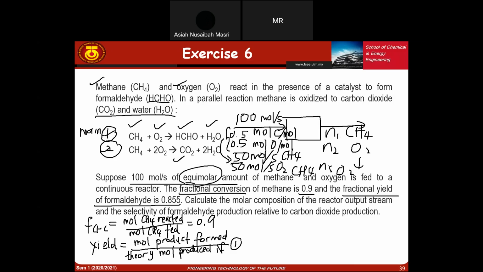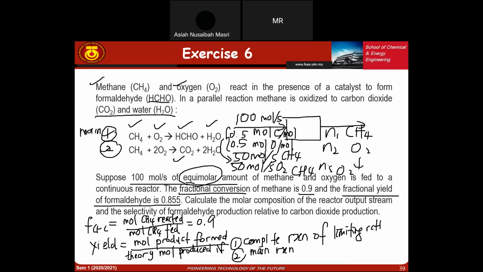One is complete reaction, or complete conversion of the limiting reactant. Second would be if we only consider the main reaction.